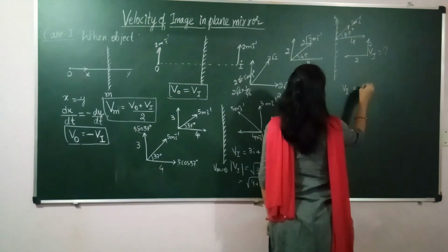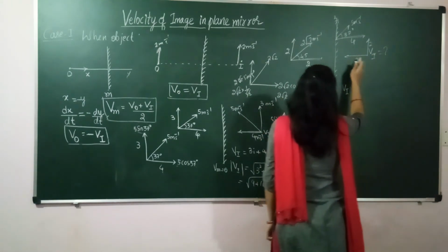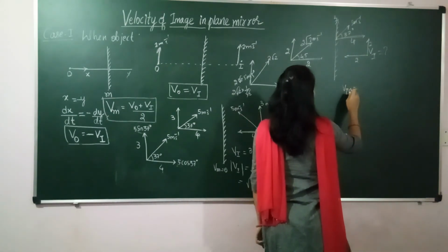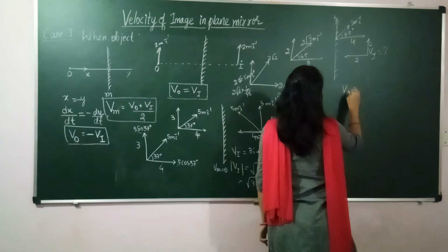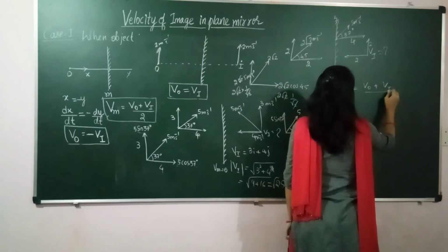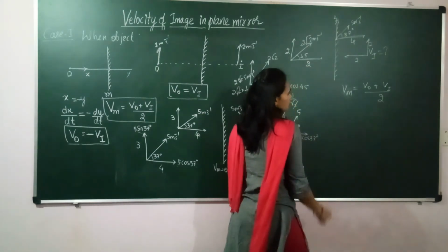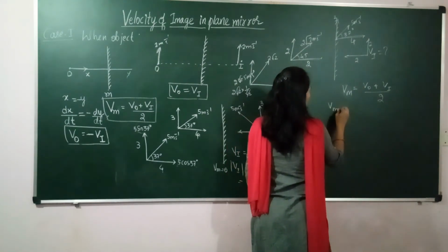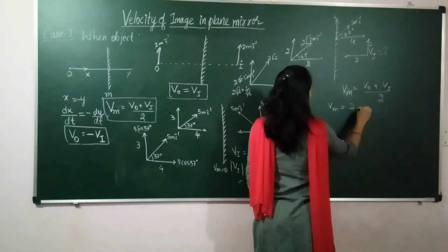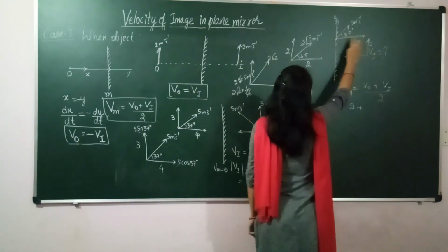Velocity of image is equal to, if the mirror is also moving, we will apply the mirror formula. Velocity of mirror is equal to velocity of object plus velocity of image divided by 2. In case of perpendicular, velocity of object is 2. Velocity of mirror is 4.